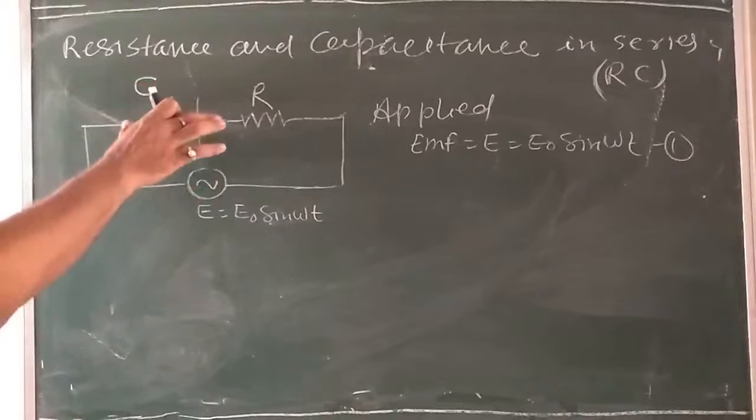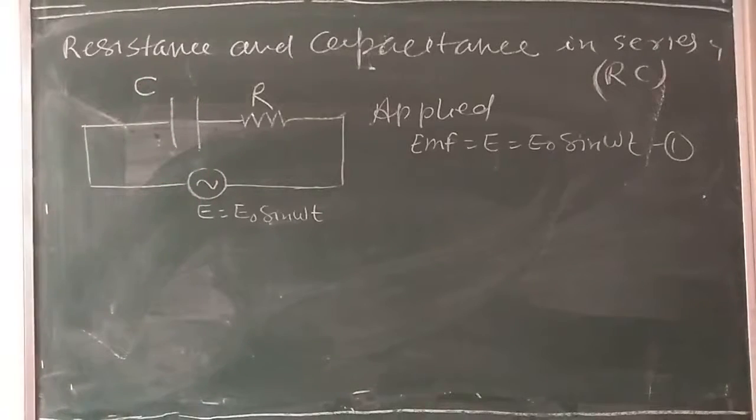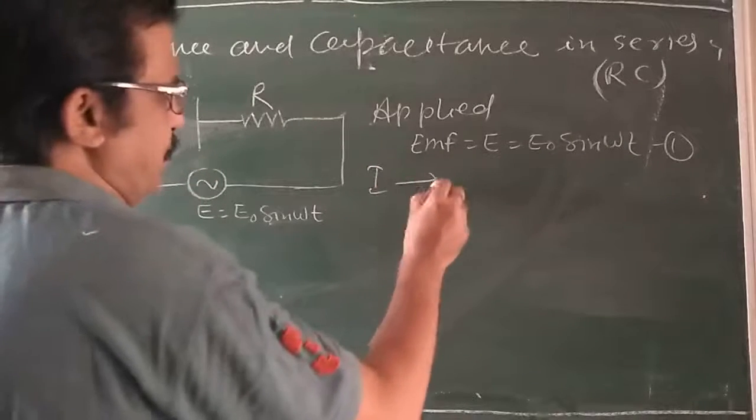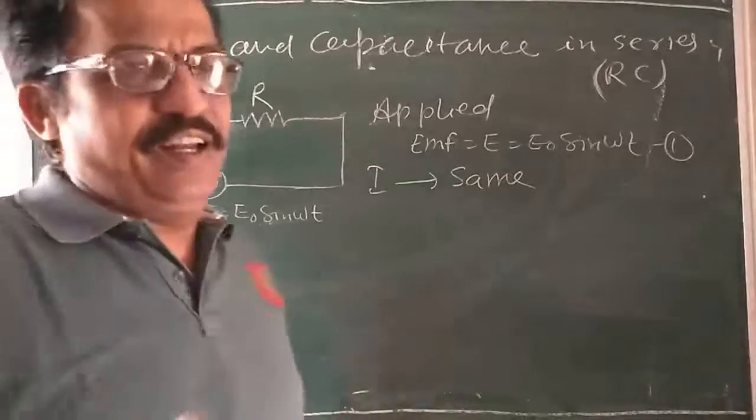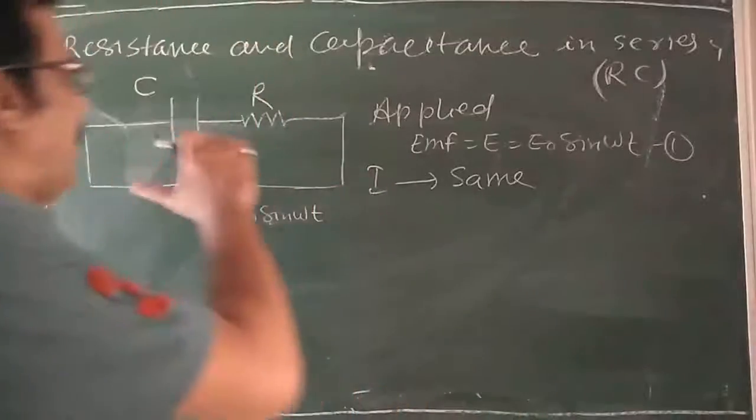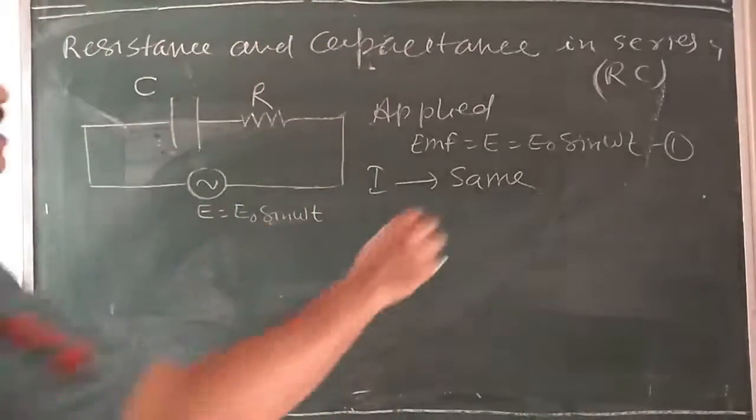The current through both the R and C will be same. Current is same because both are in series. Is it clear? We know very well that when all the elements are in a single line, then current is same.